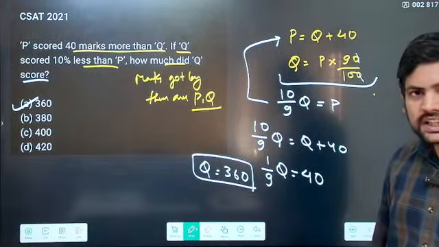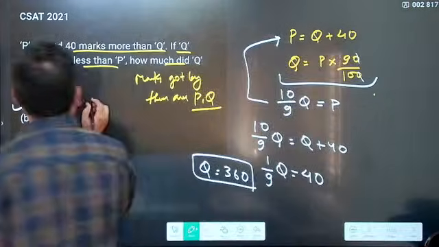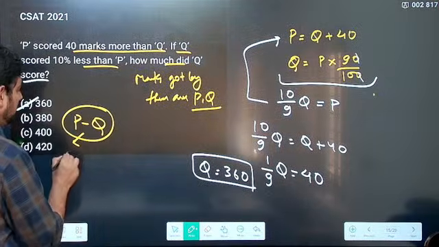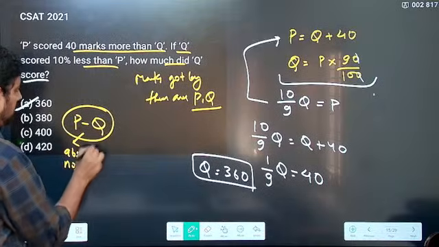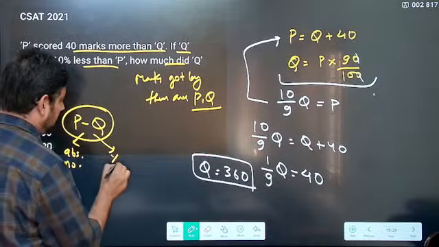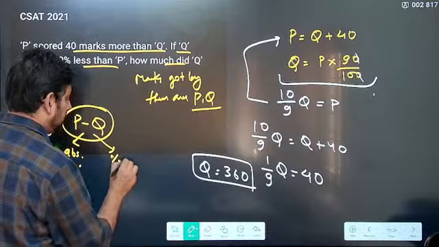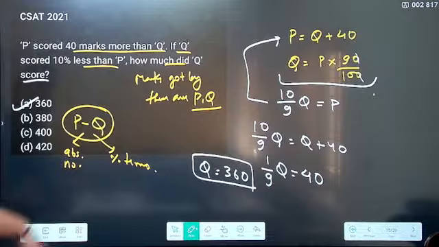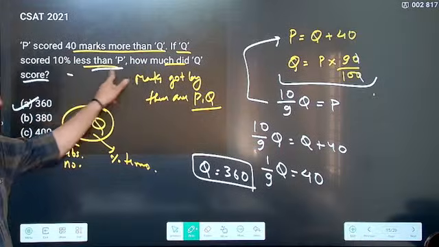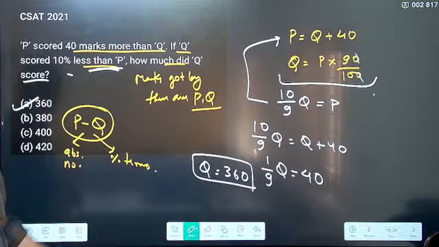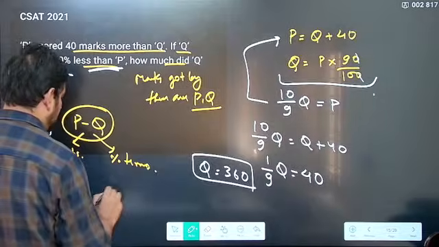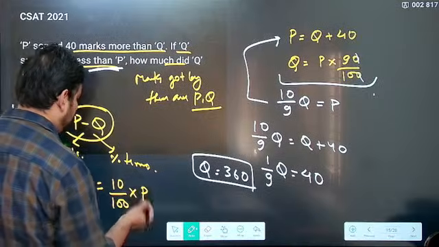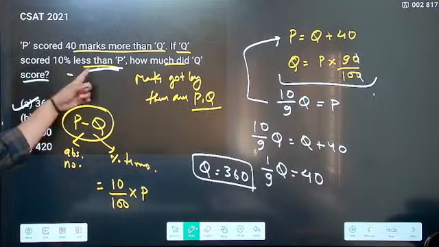By the way, there is another way to do this. The difference between P and Q in absolute numbers is also equal to the difference in percentage terms. It says Q scored 10% less than P, so that means percentage in terms of P, correct? So here the difference in terms of percentage is 10% of P. And how much is the difference?